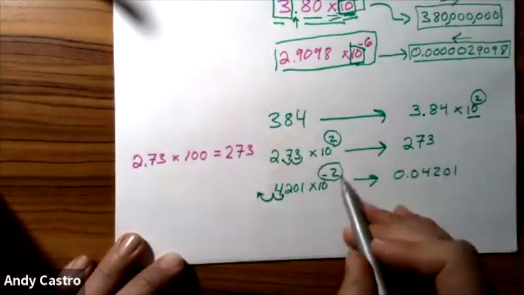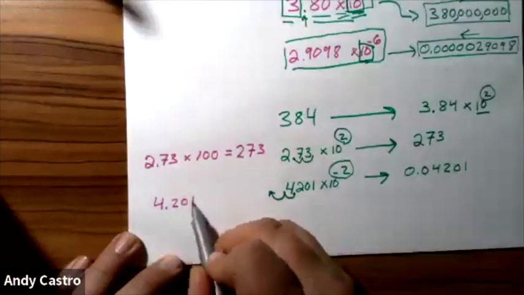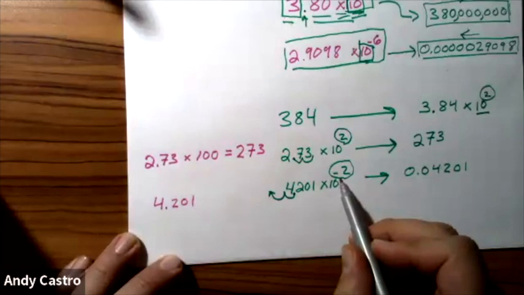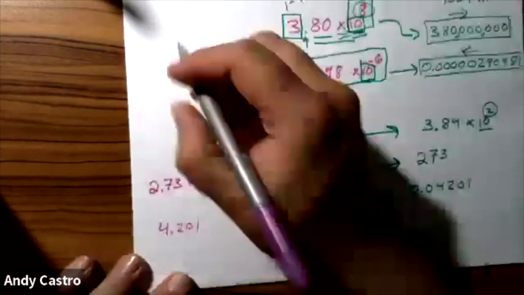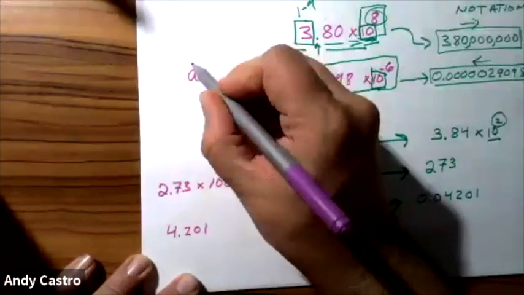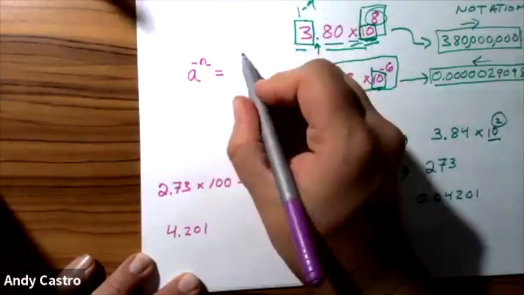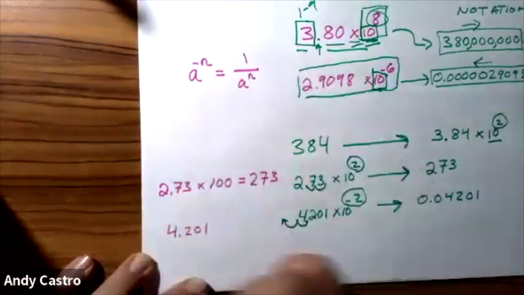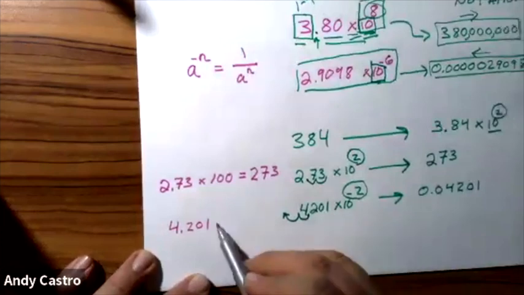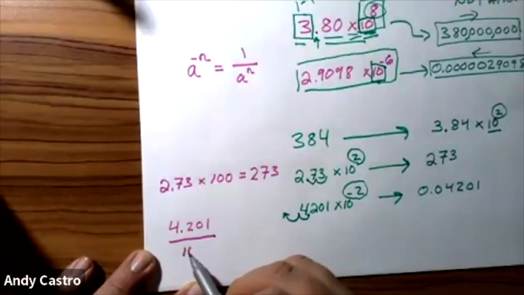Now remember here, when I have a negative exponent, that's the same thing as that exponent in the denominator, but positive. Remember, we looked at that yesterday. If I have a number a to the -n, that's the same thing as 1 over a to the +n. So here, rather than multiplying it by 10 to the -2, I can divide it by 10 to the +2.